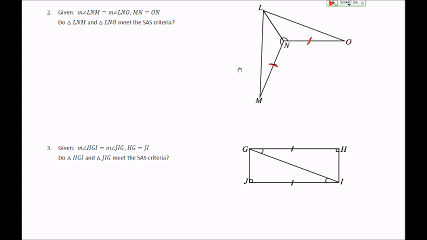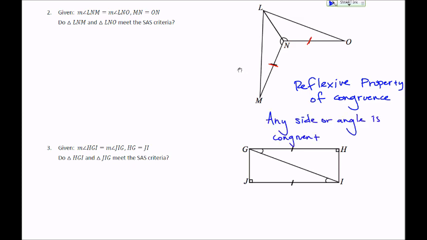Well, something happens here that we've not talked about yet, but will become very useful for us over in this topic. And that is something called the reflexive property of congruence, which means that any side or any angle is congruent to itself, which hopefully makes sense: any segment will be the same length as itself, and any angle will be the same angle as itself.